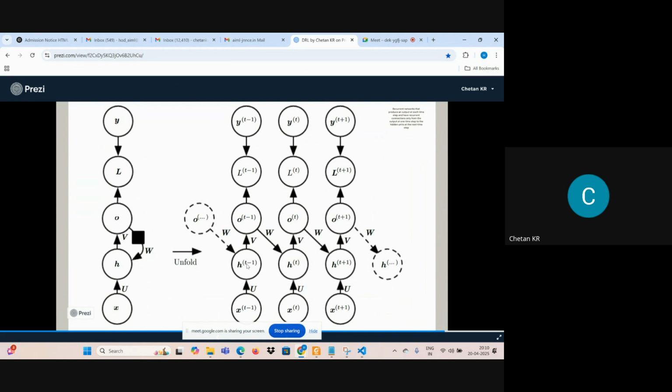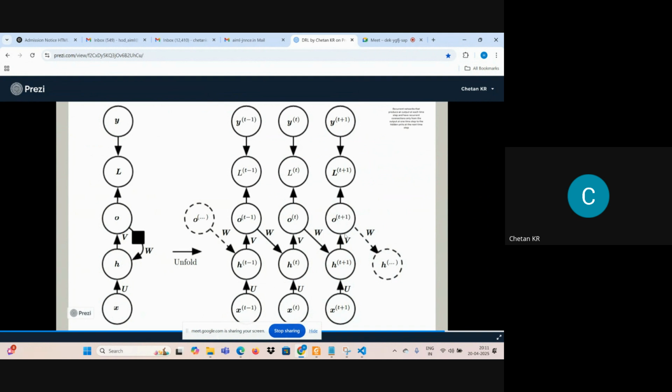Again, with the same weight matrices: the previous output is multiplied with W, the input with U, and for the current output you multiply with V. All these three matrices are the same, but instead of the previous hidden, we are using the previous output.